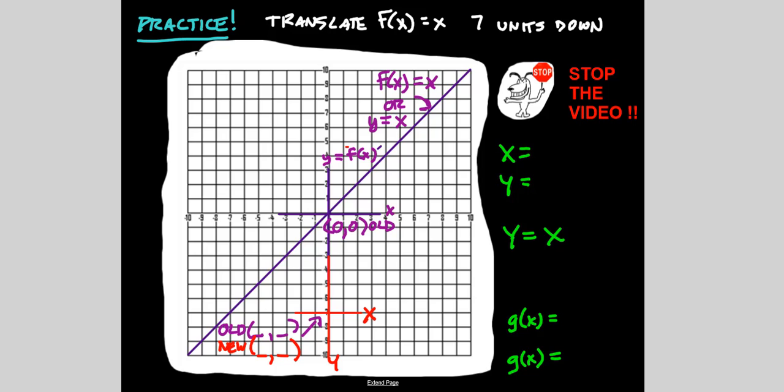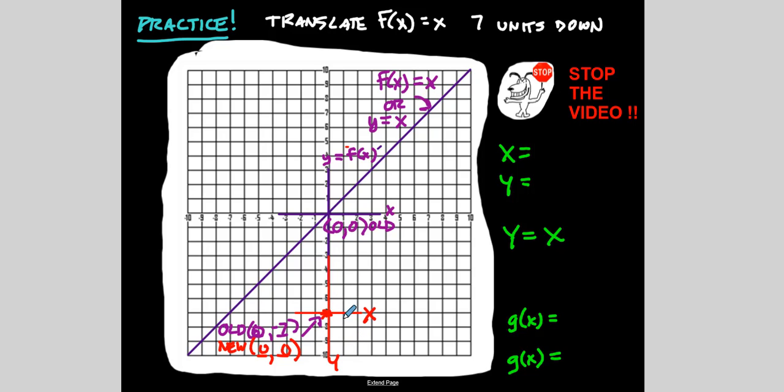Okay, so here to fill in the missing information, this is the original origin, 0, 0, so in terms of the old coordinate system, this would be 0, negative 7. And this would be 0, 0, because this is the origin in the new system, the way I've done this.